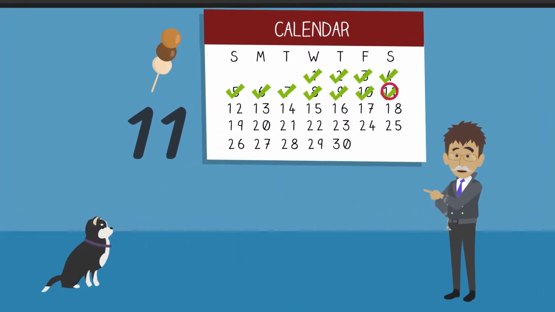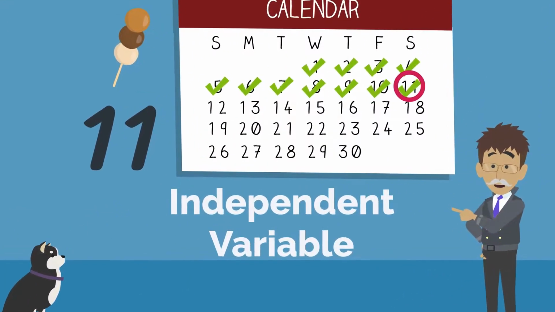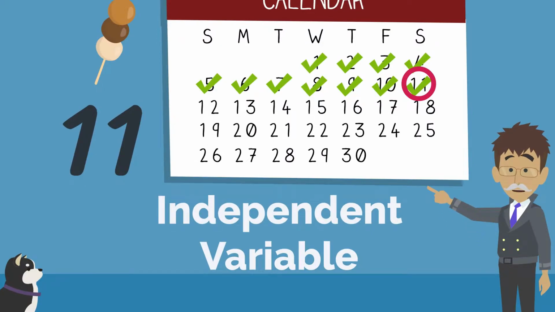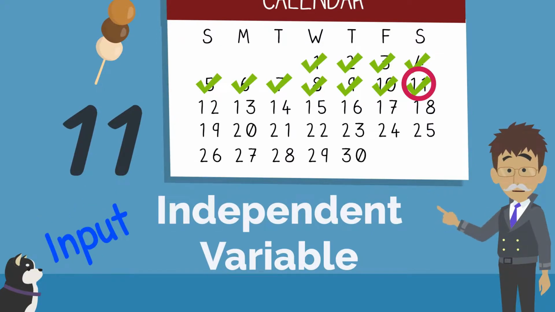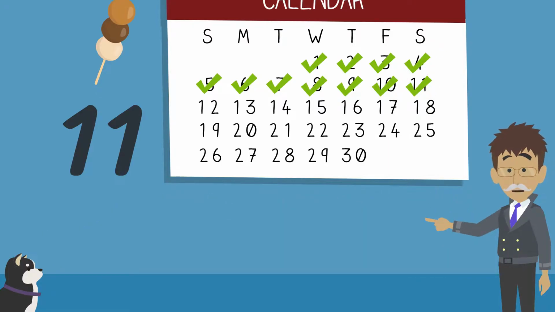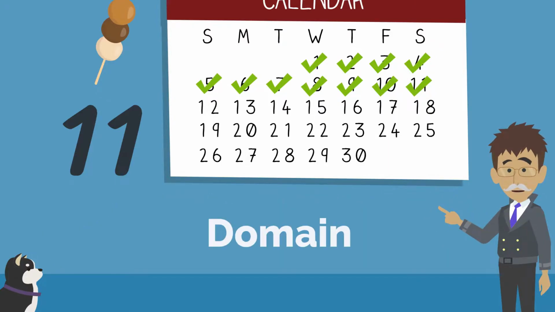The number of days passed is the independent variable. It is also known as the input variable and x in standard form. The input variable takes in values from the domain. The domain is what we call all the possible values for the input variable.